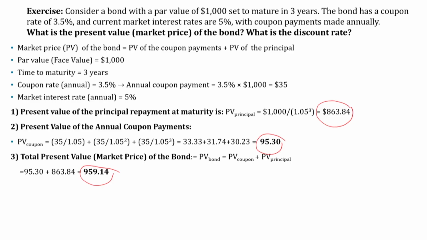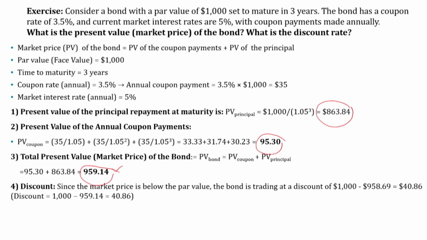The ongoing market rate of interest is 5%. So in order to get that kind of bond, you need to pay the present value, that is 959. Given all this information, to buy this particular bond, you need to pay 959.14.